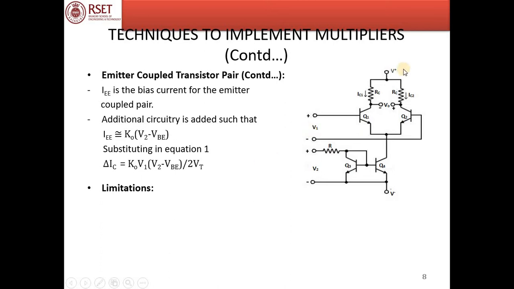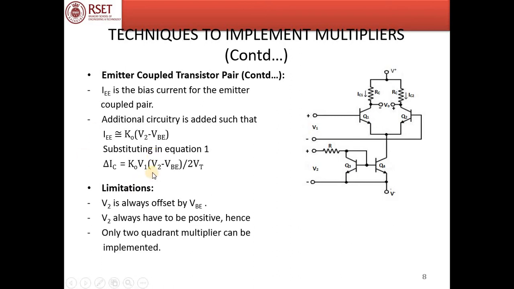But there are certain limitations to this technique. The first one is that we are not multiplying V1 by V2. We are actually multiplying V1 to the difference of V2 and VBE. That is, the input V2 is always offset by a value VBE. So V2 has to be greater than VBE and hence it has to be positive.